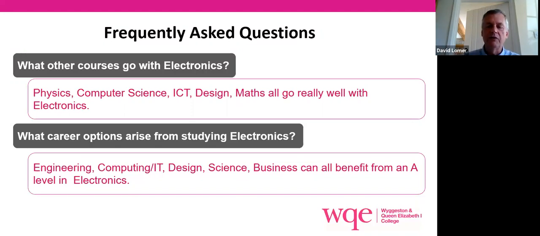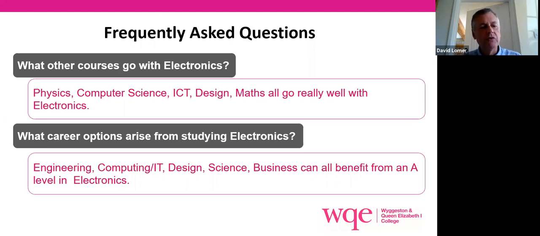Science, a lot of science research requires the application of electronics in terms of experimental work, monitoring and analysing. And business, a lot of businesses are impacted by electronics, and having an understanding of electronics can, in some cases, help with understanding the business.